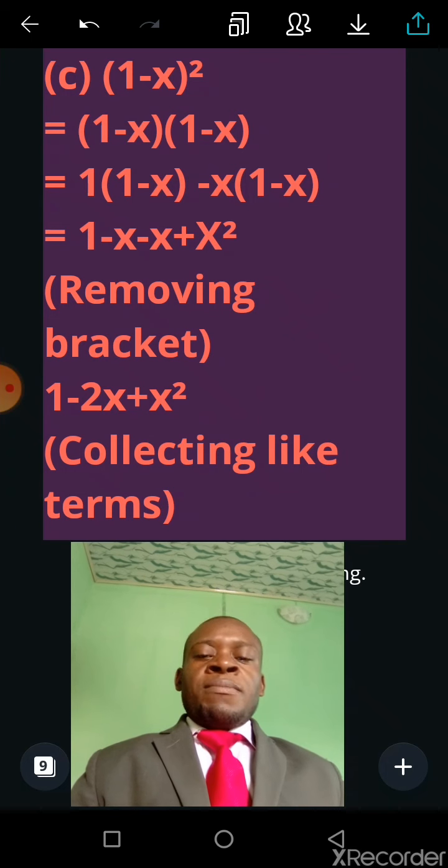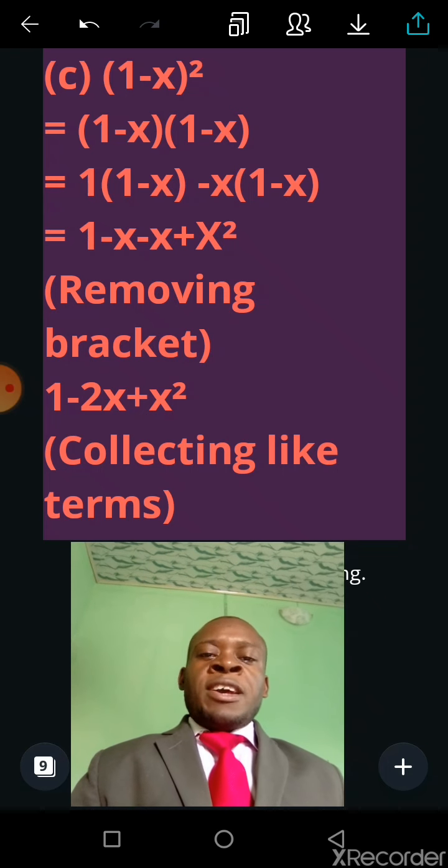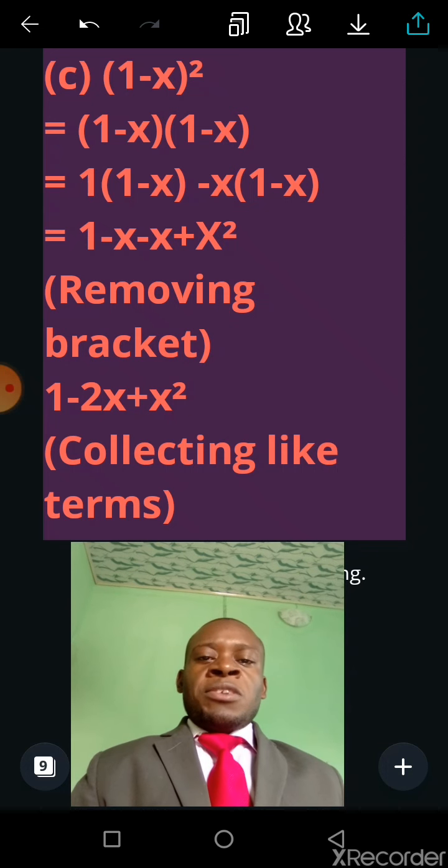C, (1 - x) squared. What this means is you multiply 1 - x by 1 - x. That's why we have it as squared, which gives us (1 - x)(1 - x).